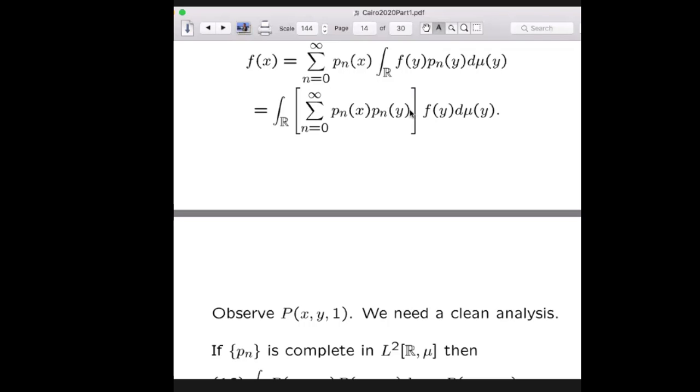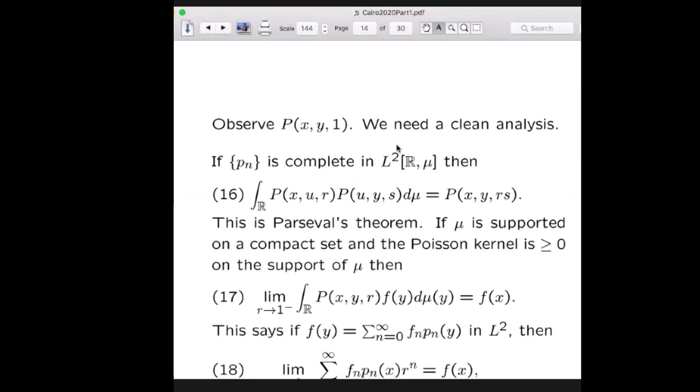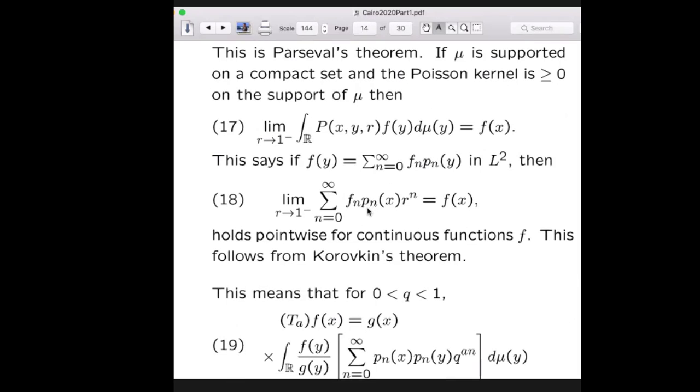So what is true now is that if I integrate the Poisson kernel against the function with respect to the measure, and I take the limit as r tends to 1 from below, then I get f. This is a mathematically correct statement, and it can be proved.